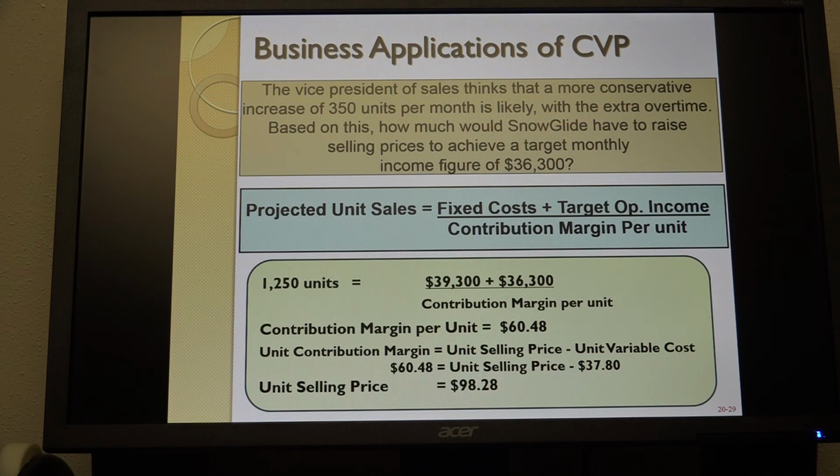And if that's your unit contribution margin, you know that it's $60.48. You know that unit variable cost is $37.80. And so you can add those two together to come up with a unit selling price of $98.28. Wasn't sure what they were doing there at the very beginning.